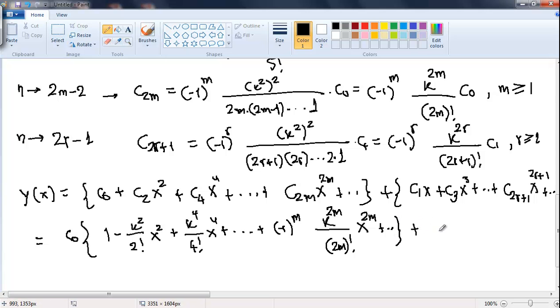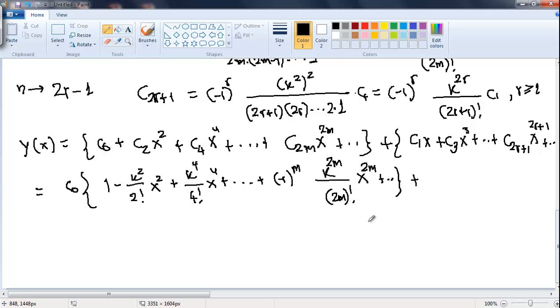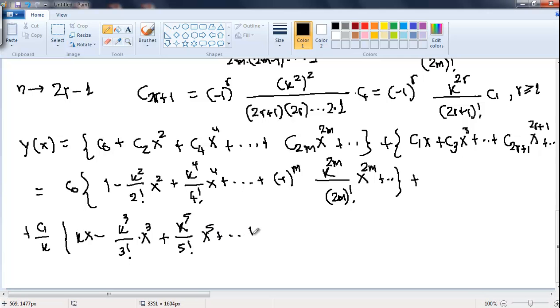And here for the second part I have c1 over k times (kx - k³ over 3 factorial x³), the same for the fifth power and the general expression here. This is 2r+1.